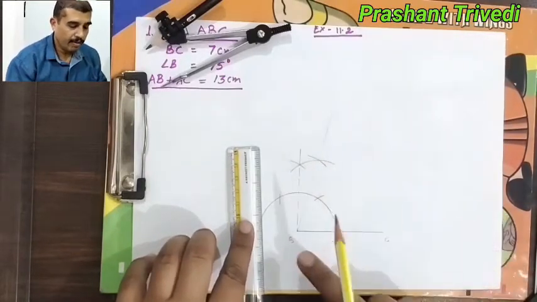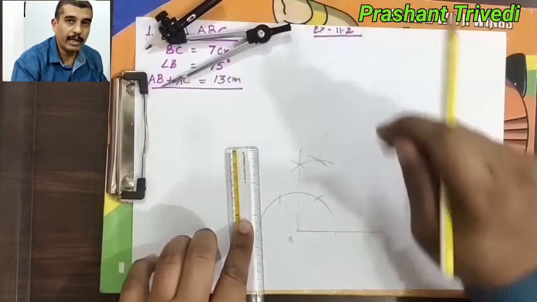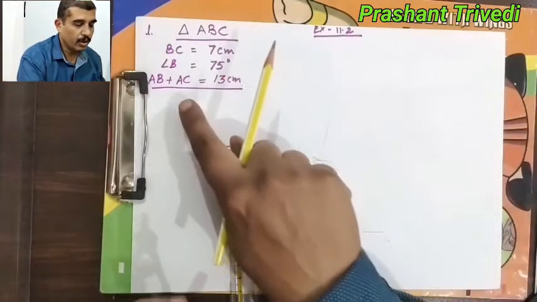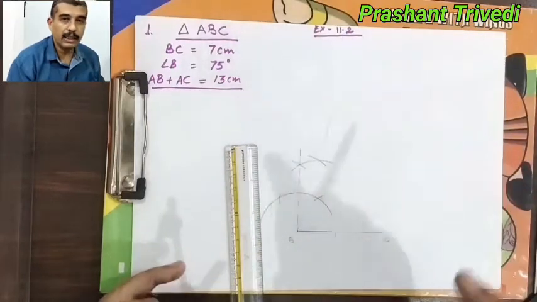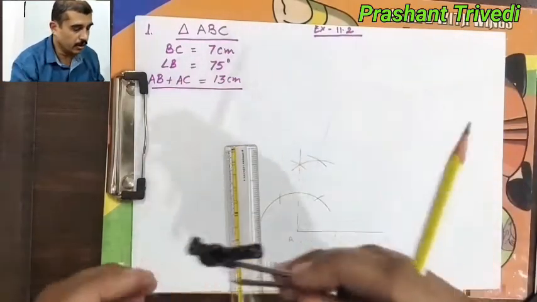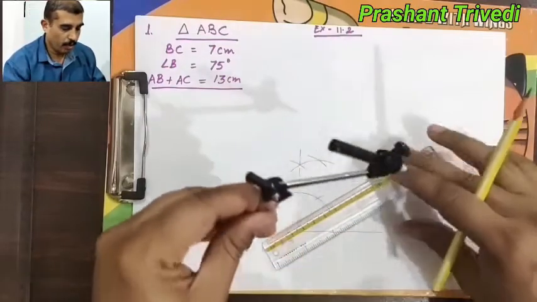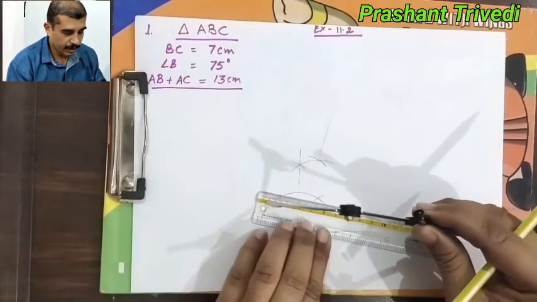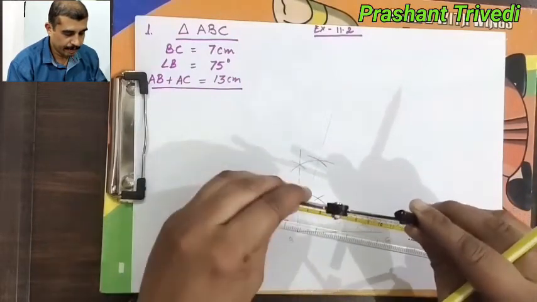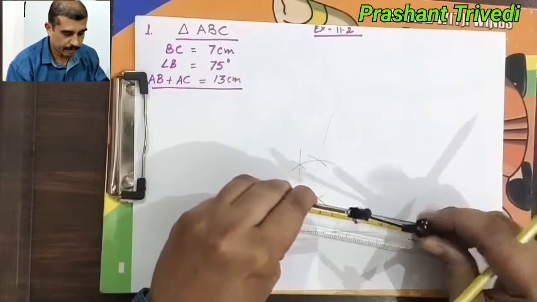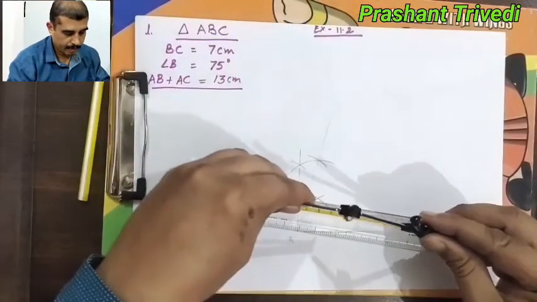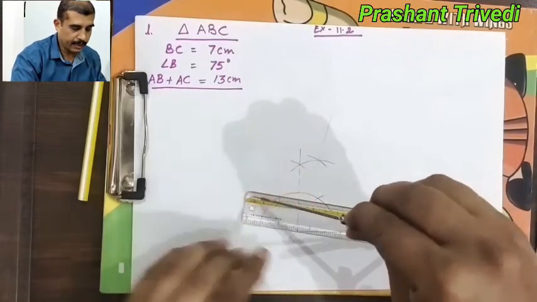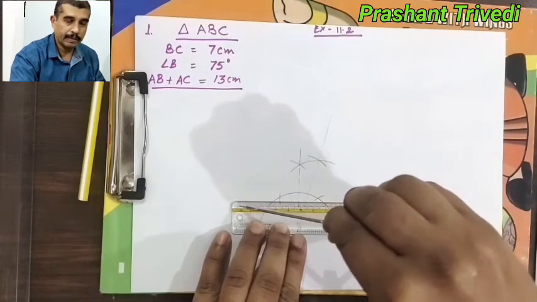Now how much do we require this length? We have to extend this from B till point D, such that BD is equal to AB plus AC, that is 13 cm. So take a compass measure of 13 cm. Yes, it is at 13 cm.